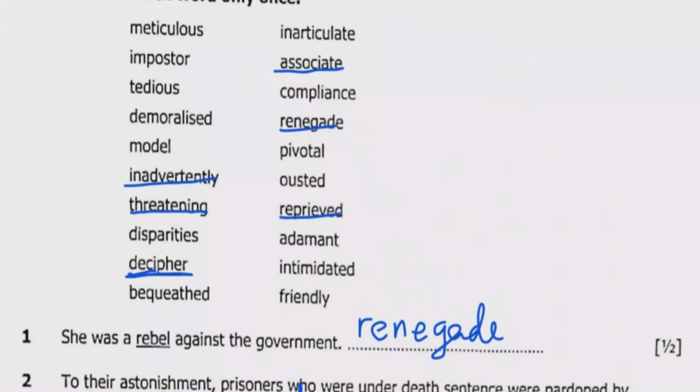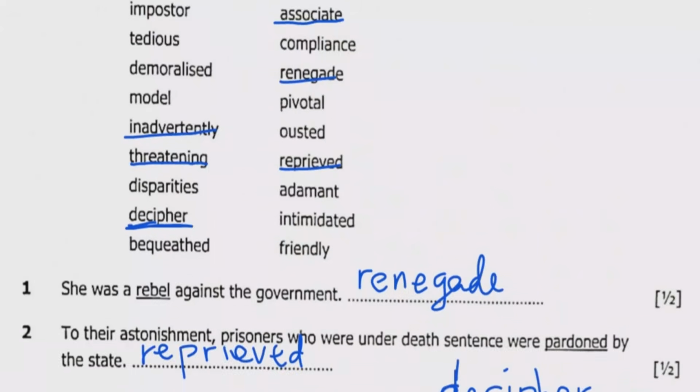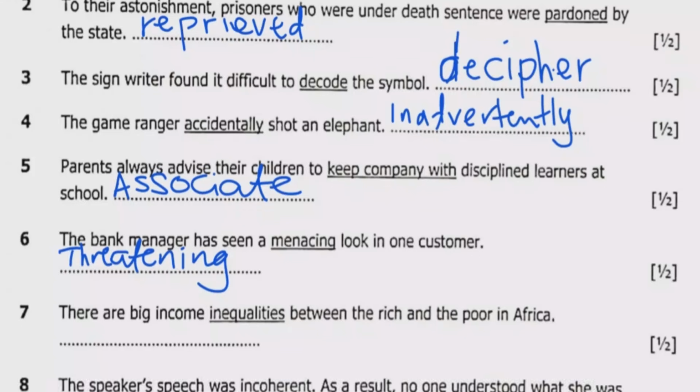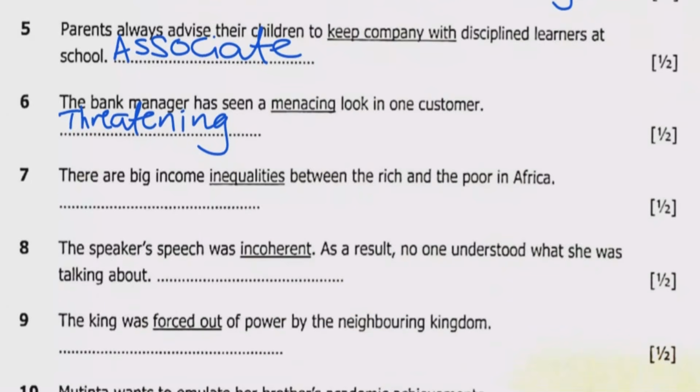So we're going to write threatening. Let me just write properly. So meanness means threatening.